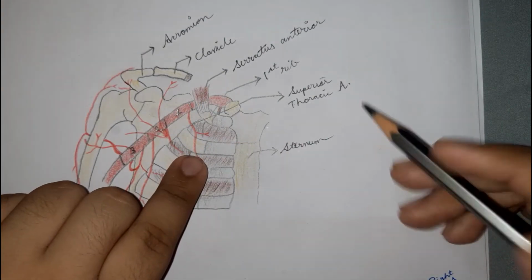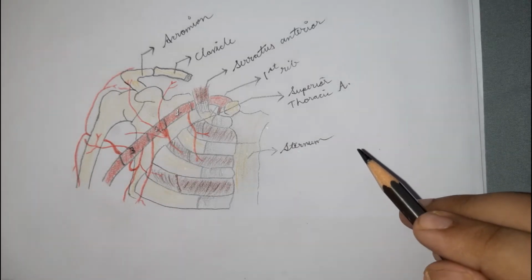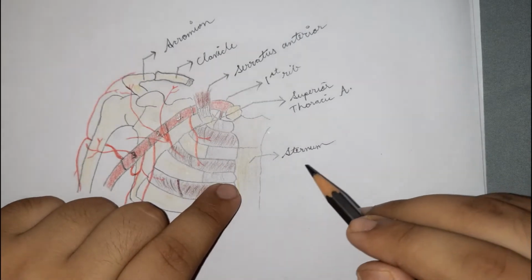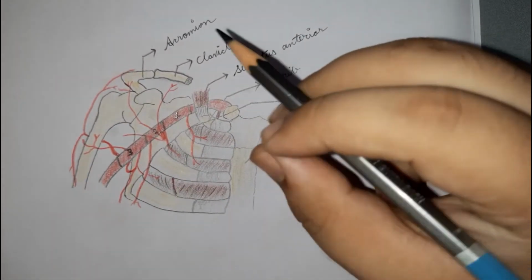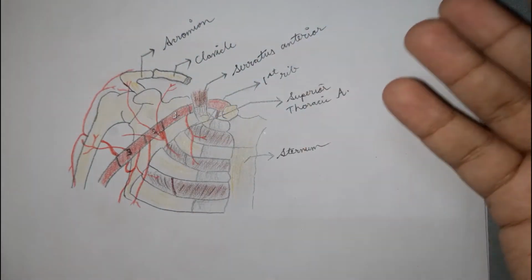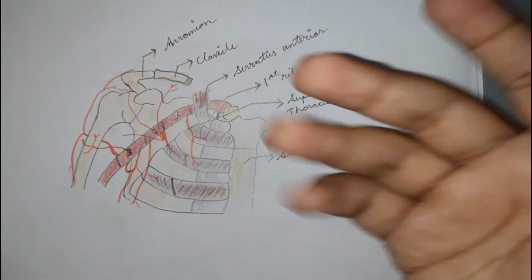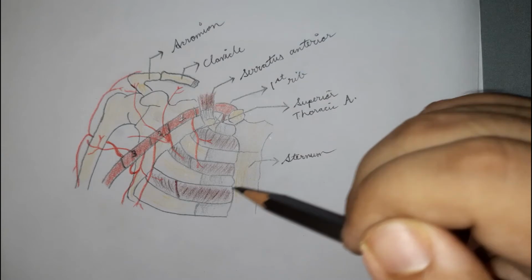What does it supply? As its name suggests, it supplies the thoracic region. To be a little bit more precise, it is actually supplying the thoracic wall. Now tell me something. What are the two most important muscles of the pectoral region or the thoracic region? I already named it pectoral. So yes, Pectoralis Major and Pectoralis Minor. And guess what?